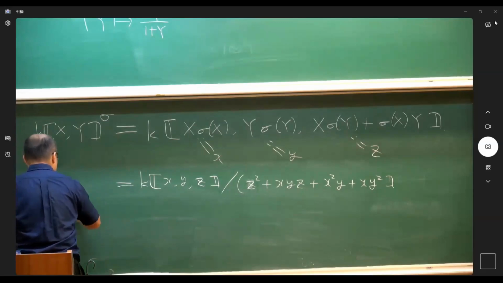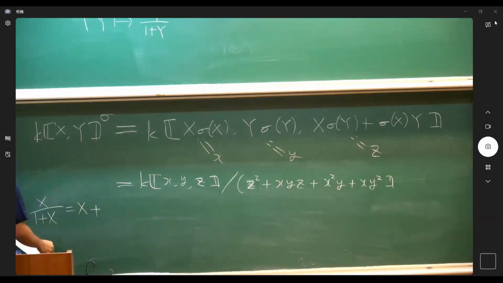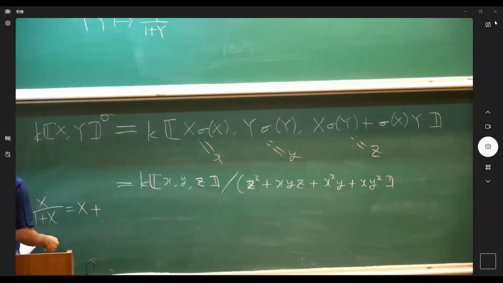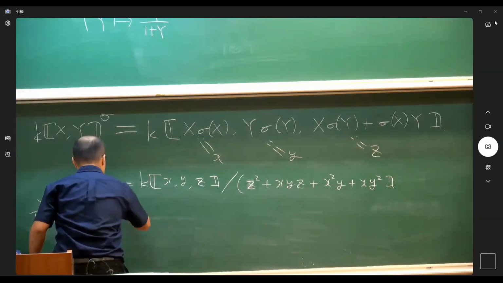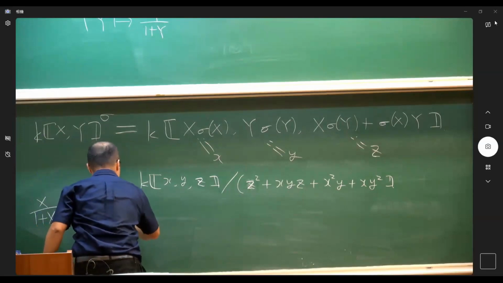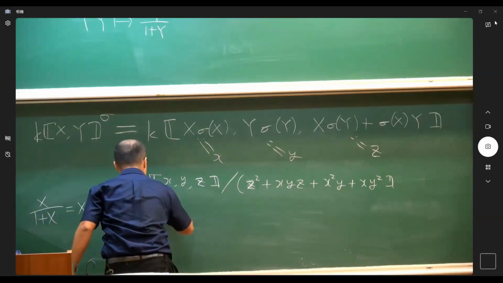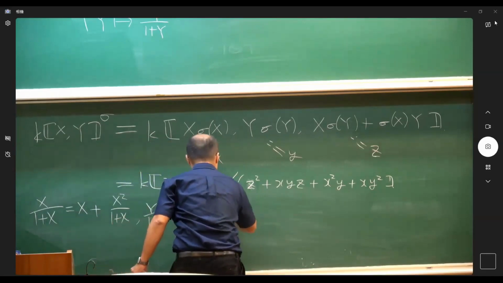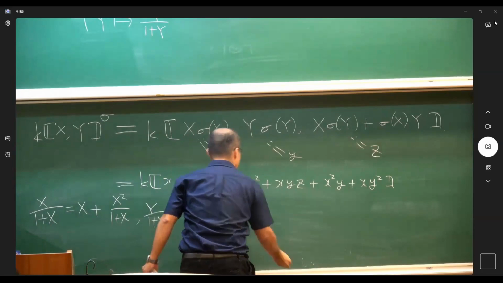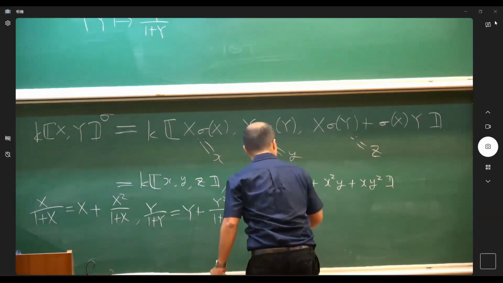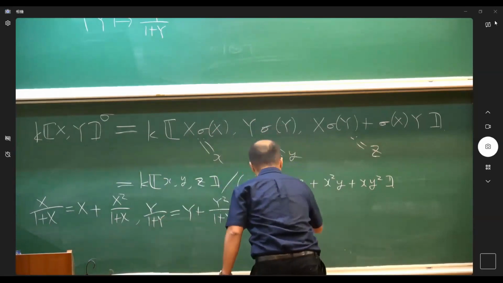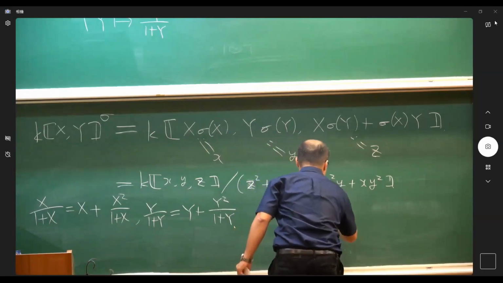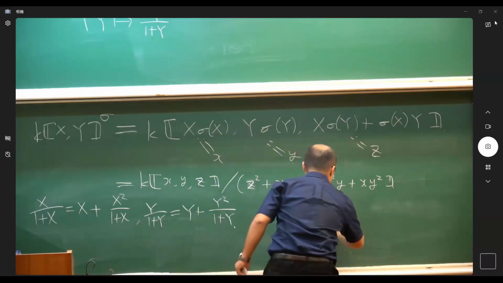To this end, I will describe sigma as identity plus pseudo-derivation. Okay. Sigma is equal to identity plus delta. That is a pseudo-derivation.